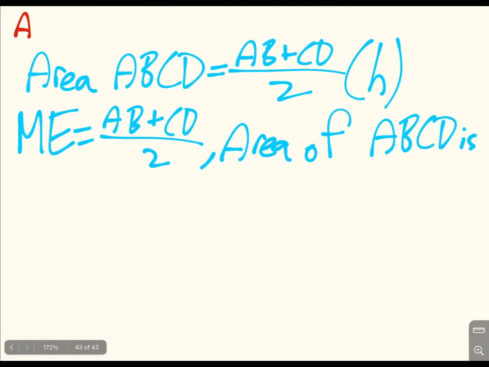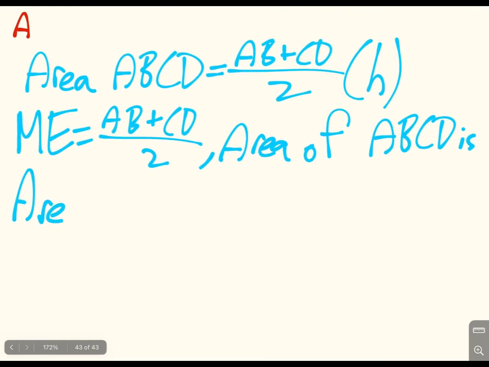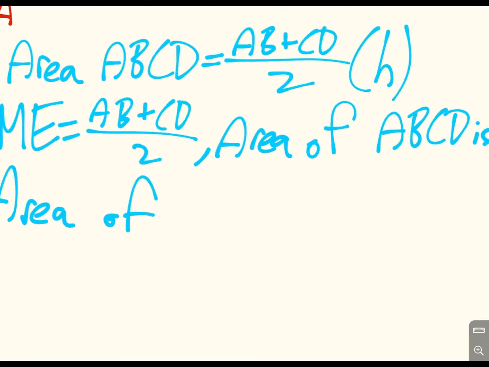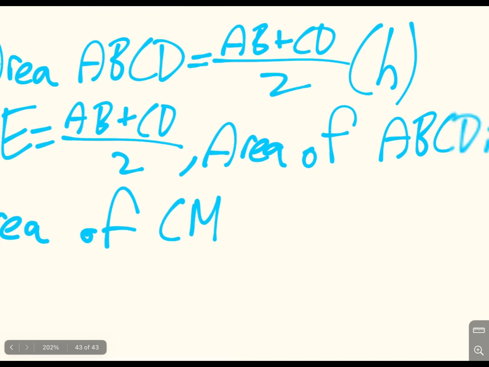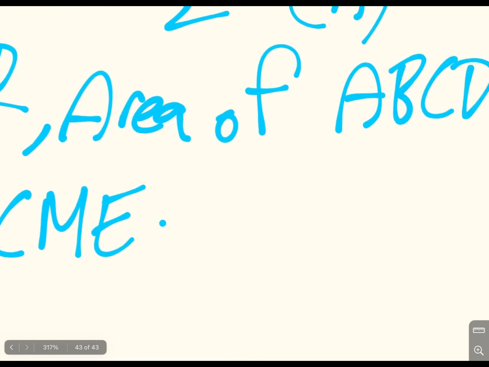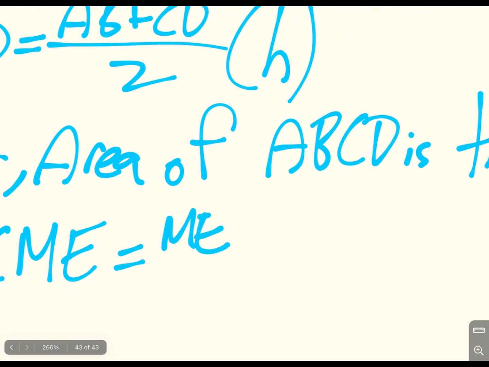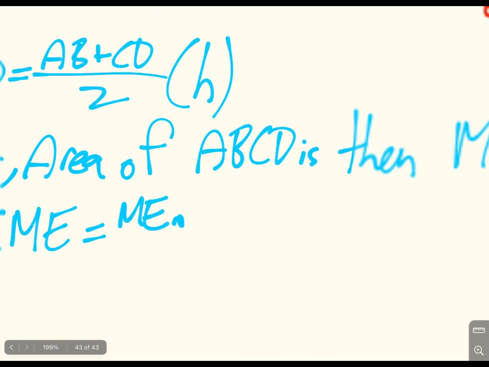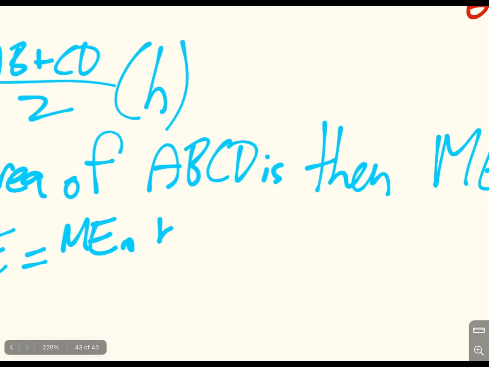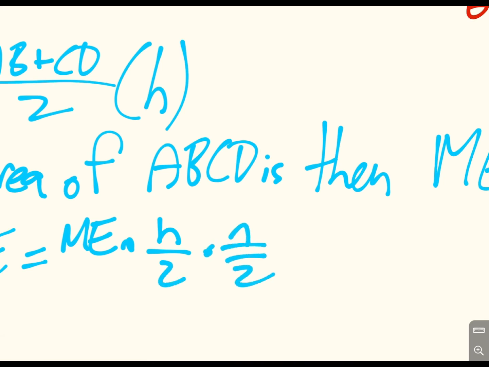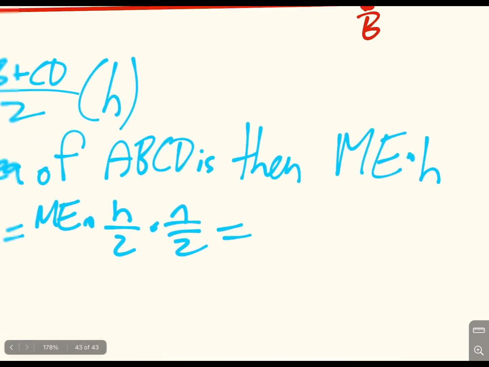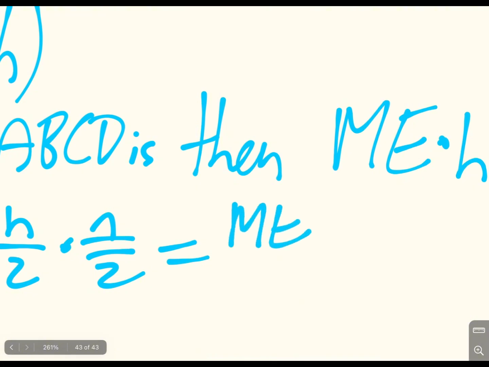So the area of CME is equal to ME times H over 2 times 1/2, which is then equal to ME times H over 4.